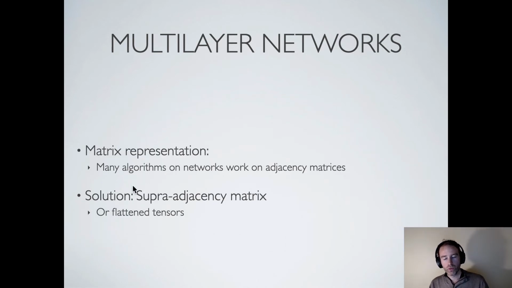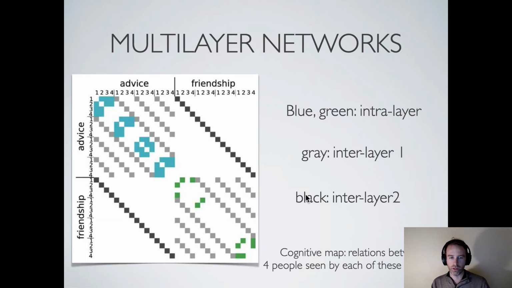How to represent this using a matrix? You can use a supra-adjacency matrix, something like this. In this example you have only 4 nodes, but these 4 nodes are in different layers. You have the advice layer and the friendship layer, and actually you have 4 advice layers: one for the advice of one node, one for the other node, and so on and so forth.